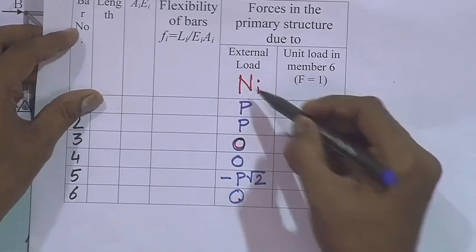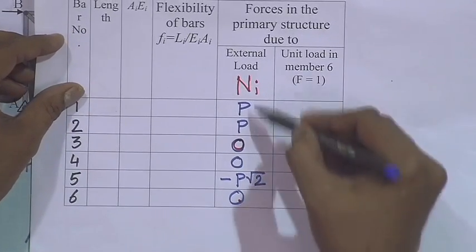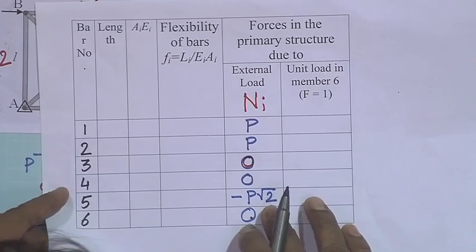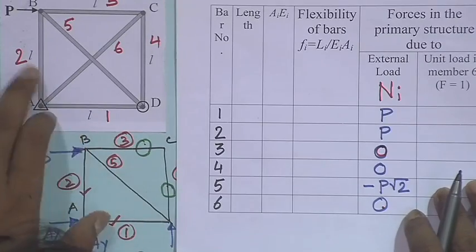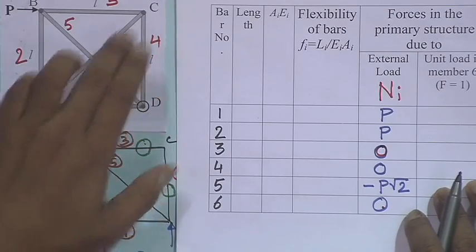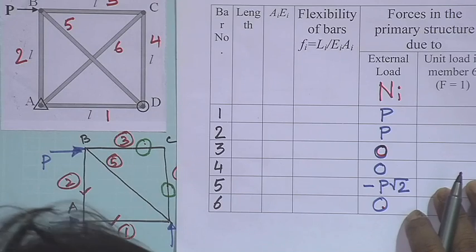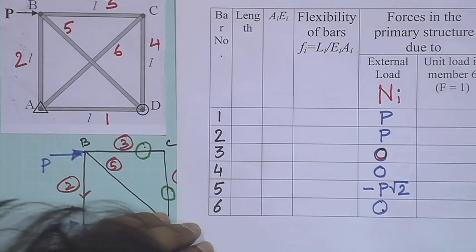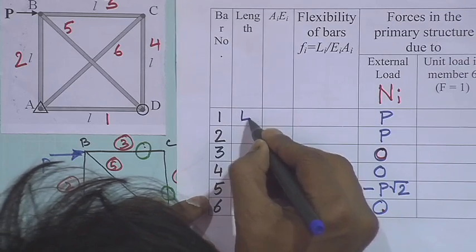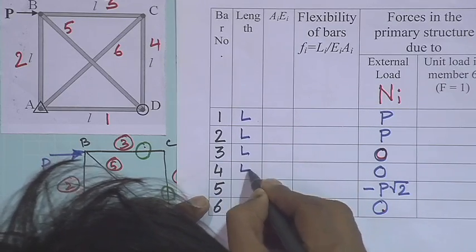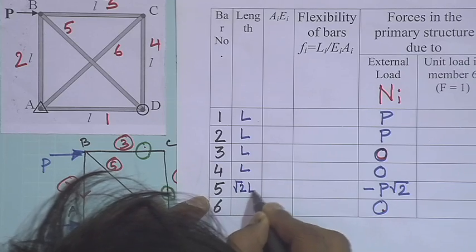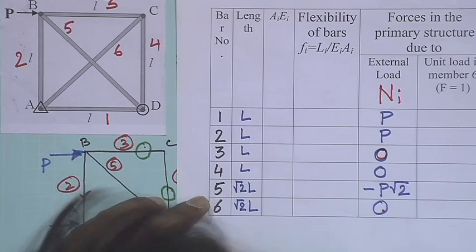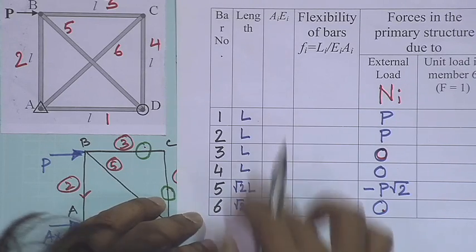So, these are all member forces written in a tabular form. Now, what are the lengths of the different members? Members 1, 2, 3, 4 all have length L, and members 5 and 6 have length root 2L. So the lengths are written.